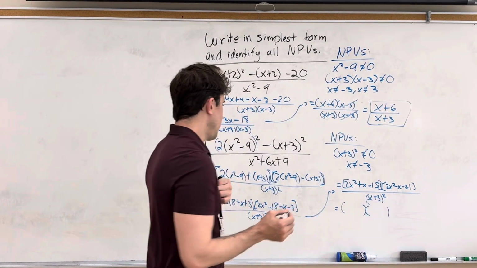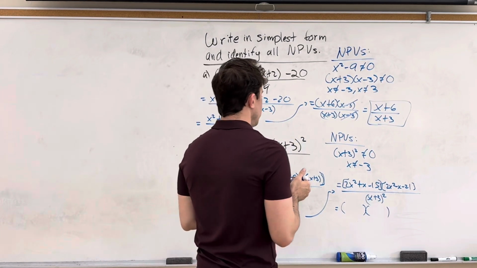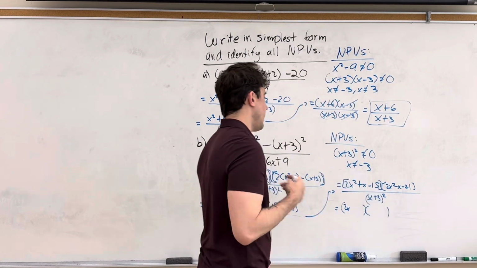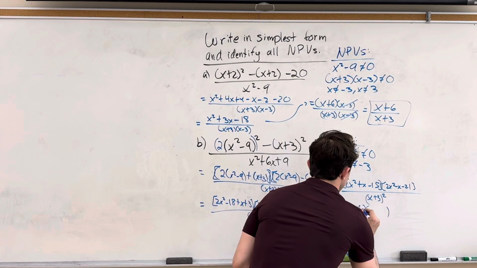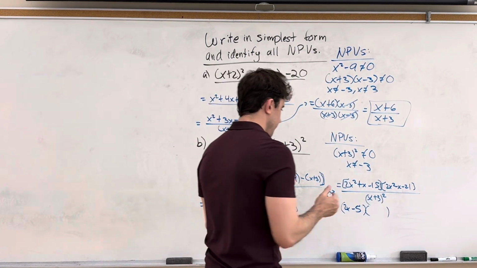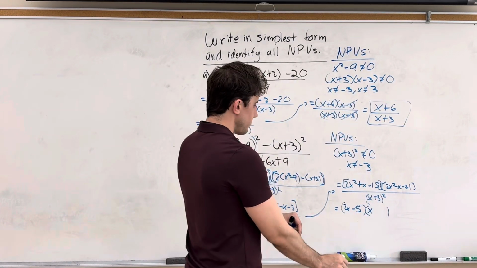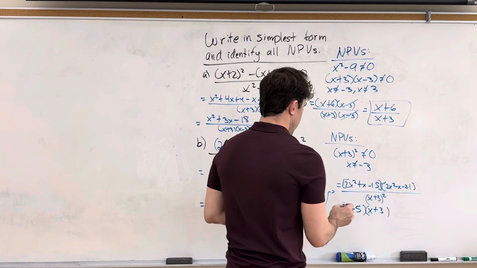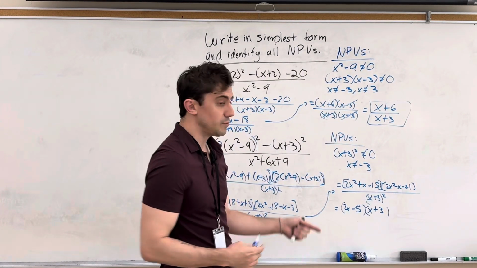So we will have 2x minus 5, and then we'll have x plus 3, like so.